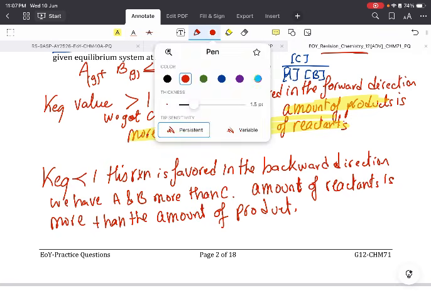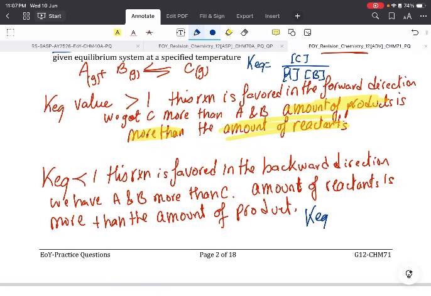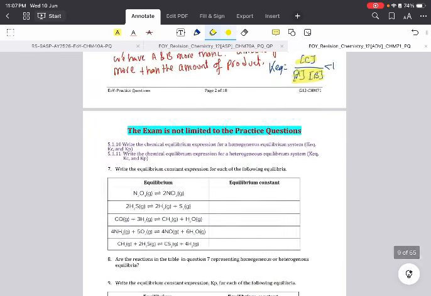So again, if I look at K equilibrium, which is C over A multiplied by B, if this value is less than 1, it means what I have in the denominator, which are the reactants, is gonna be more than what I have in the numerator, the products.